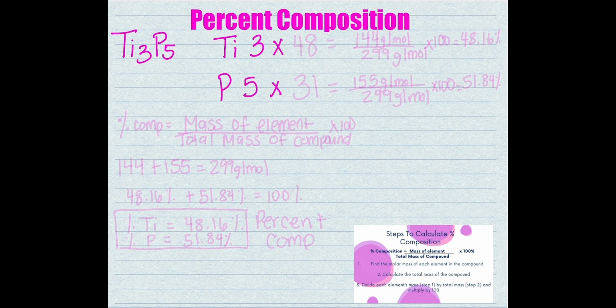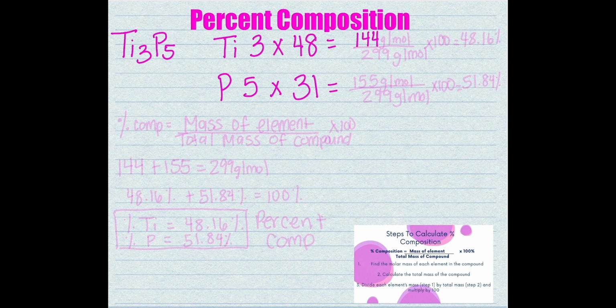So for Ti, the atomic mass is 47.88, but we are going to round, so we're going to do it to 48. All right, and then for P, it is 30.97, but we're going to do 31. Okay, so after we do that, we want to go ahead and get our calculator, and now we want to multiply 3 times 48, which is 144.